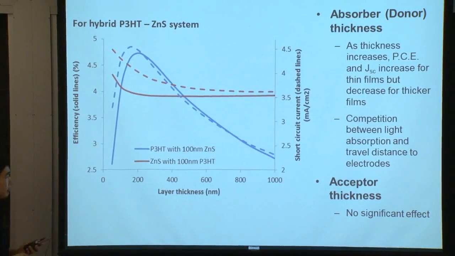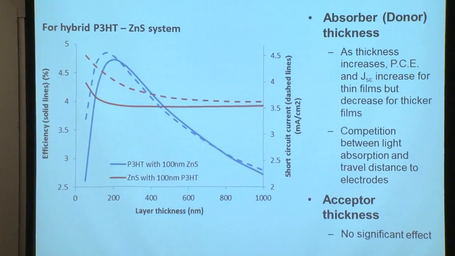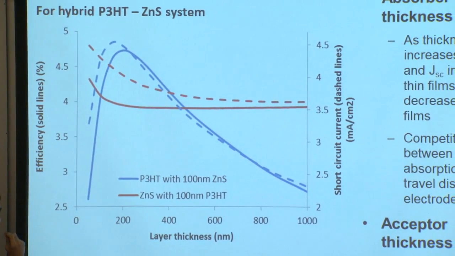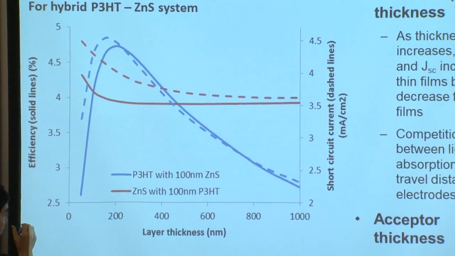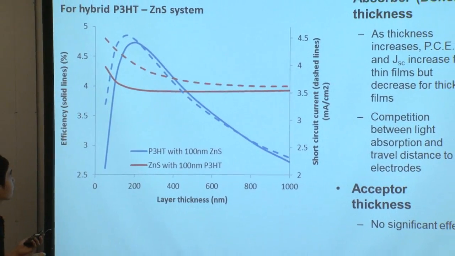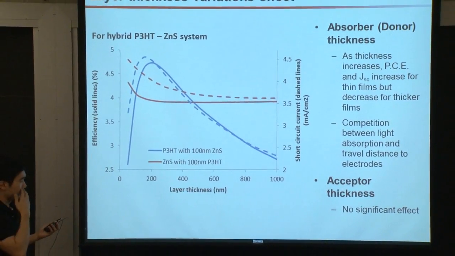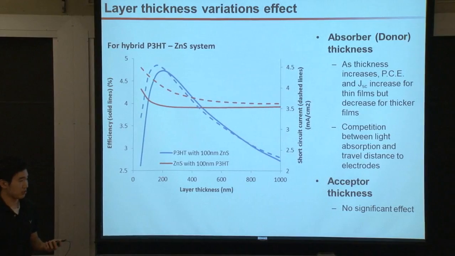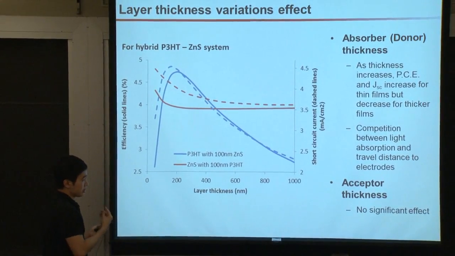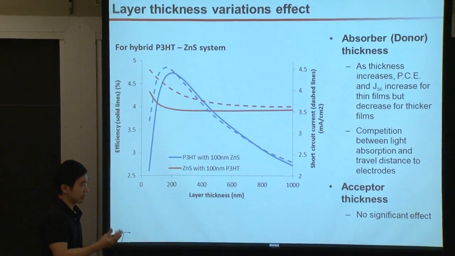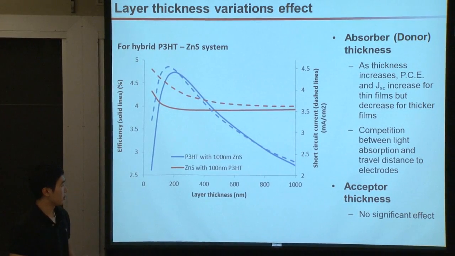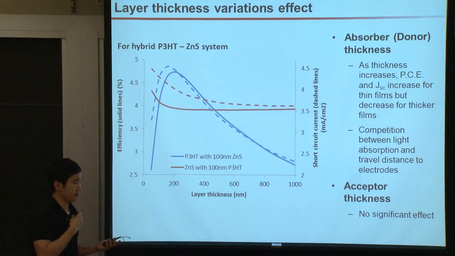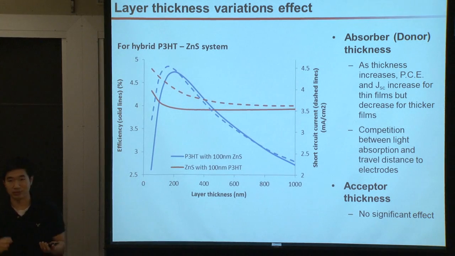This is also expected because for the absorber material, when we first increase the layer thickness, it gets more light, but after a certain point, the light absorbing effect is saturated. So increased layer thickness just means more distance to the electrodes. Whereas for the acceptor material, there is no significant effect of the layer thickness on the performances.